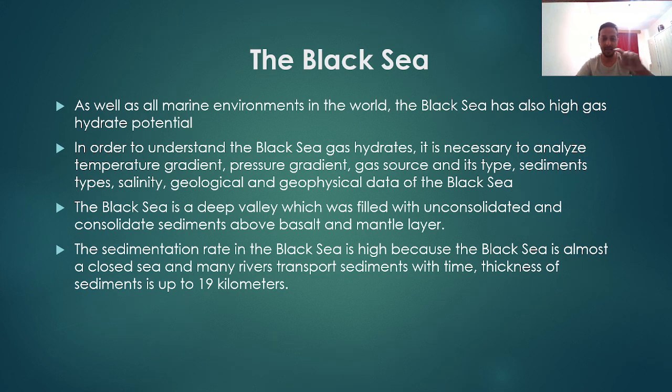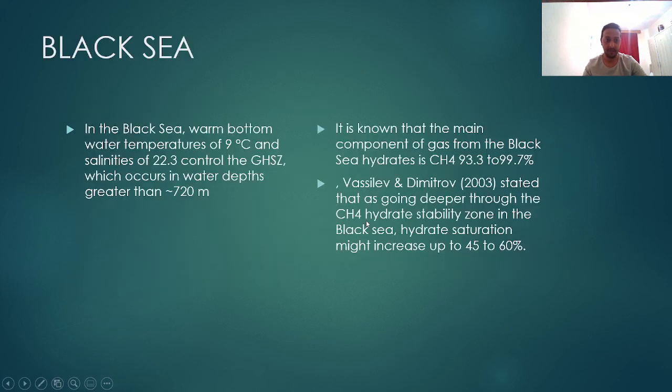It is surrounded by 6 countries: Russia, Turkey, Georgia, Bulgaria, Romania and Ukraine. Now we can move to the next slide.